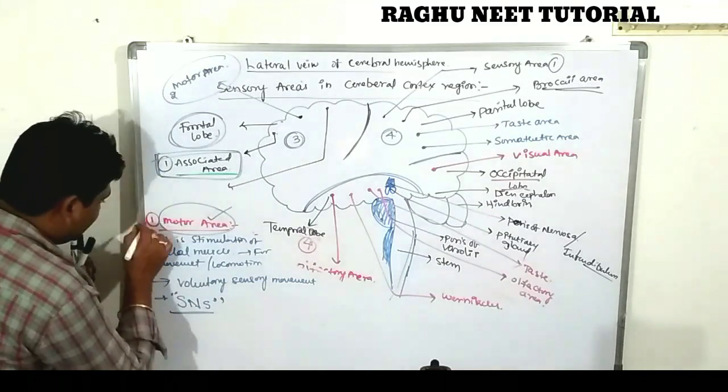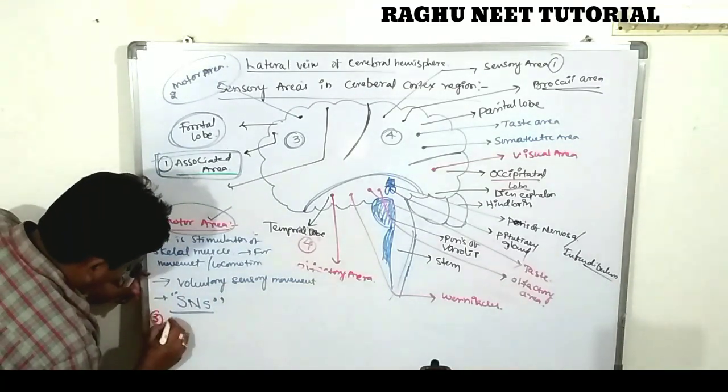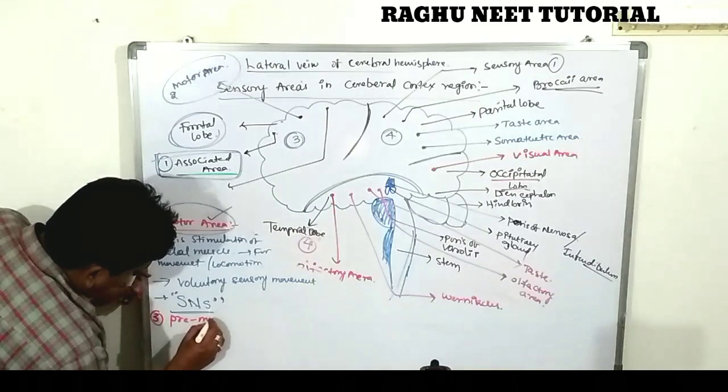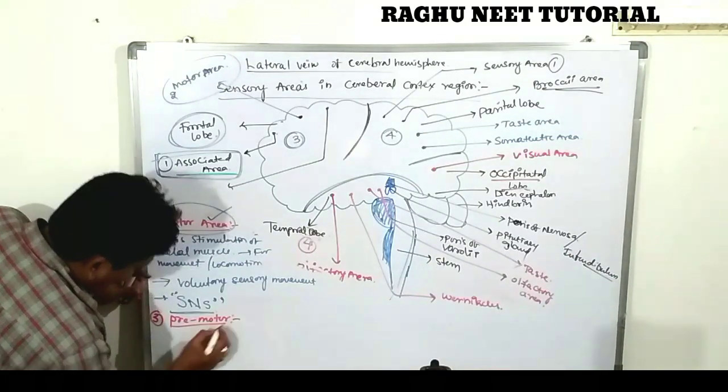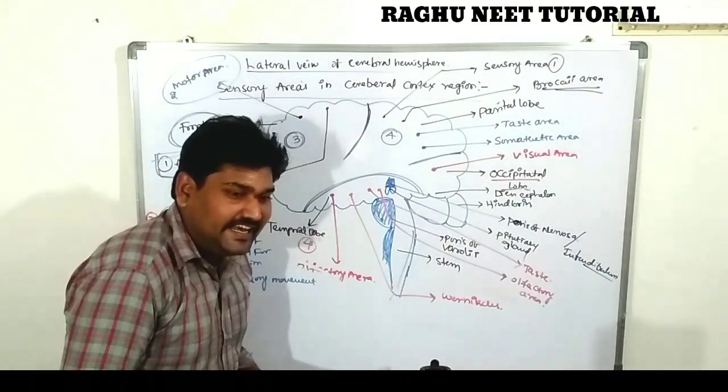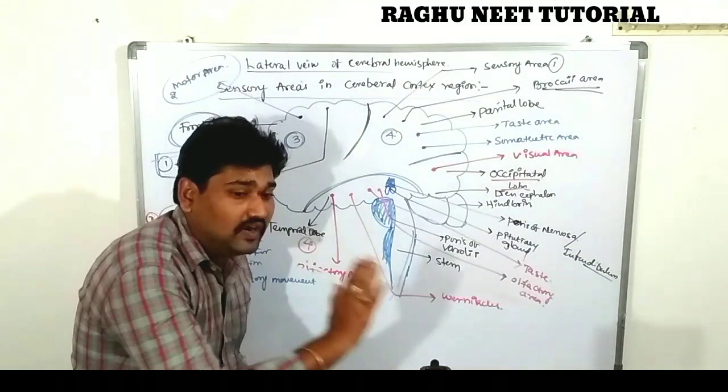Third one is the premotor area. The premotor area is known for involuntary movement.